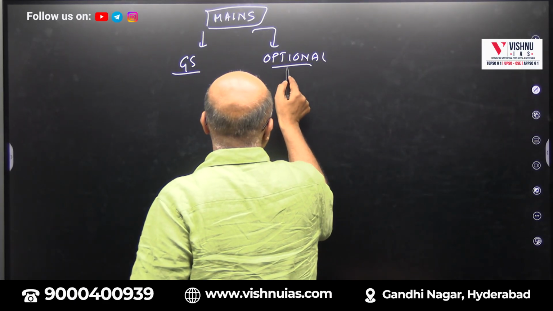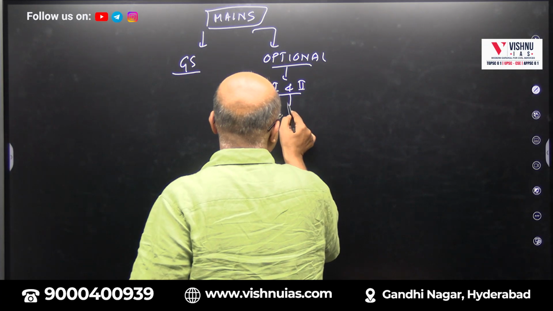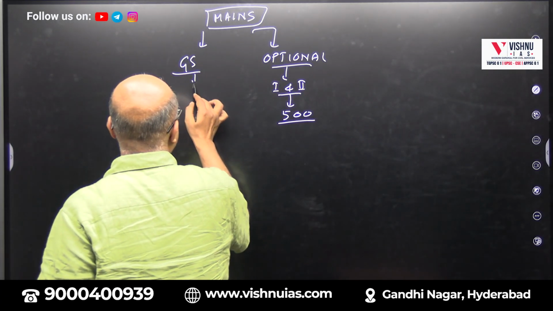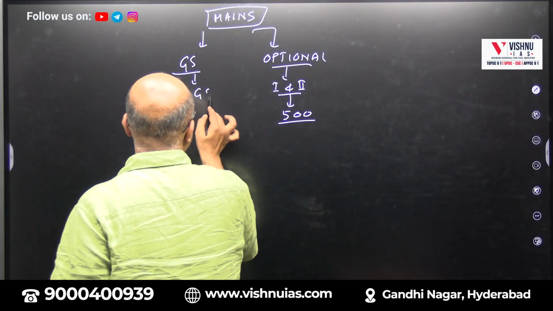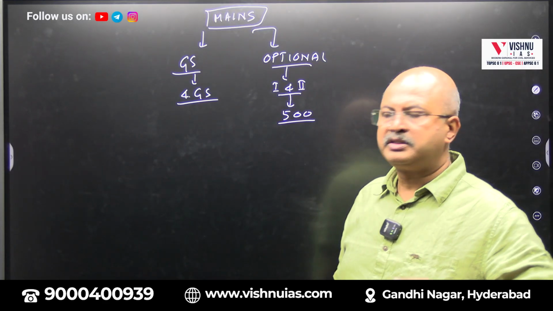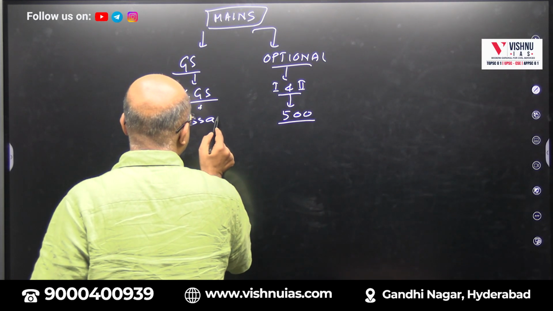There will be paper 1 and paper 2 optional, which consist of 500 marks. And then there will be 4 GS papers: GS1, GS2, GS3, GS4, plus an essay paper.